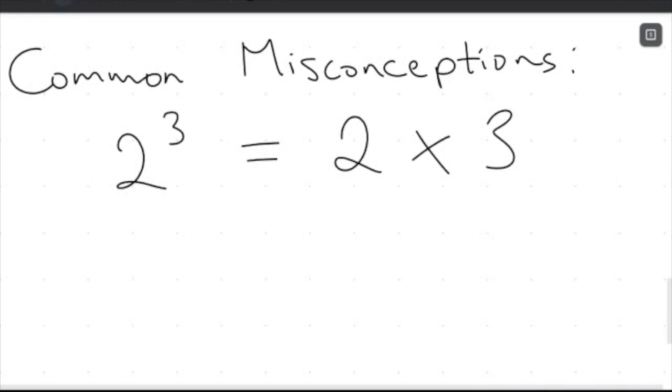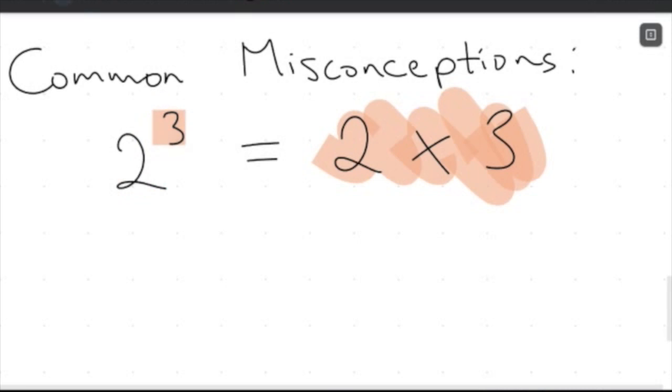Now, if you've followed everything so far, you can see why this is wrong, but let's just quickly talk about it. My use of indices is a shortcut for writing multiplication of the same base number. This thing here, even though it uses the same numbers, is a shorthand for addition.